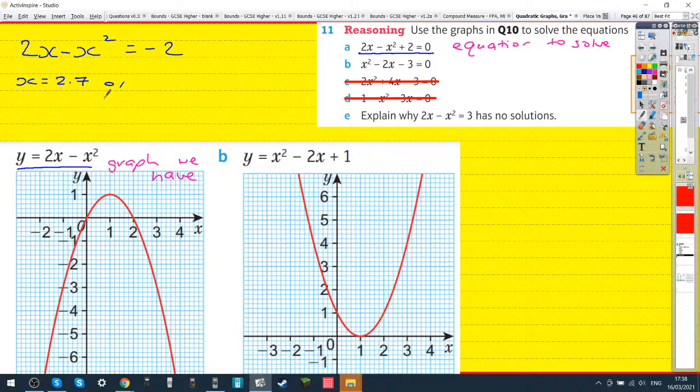Or is it minus 0.8? Yeah, it's fine. So x equals minus 0.8. Okay, how about question B?